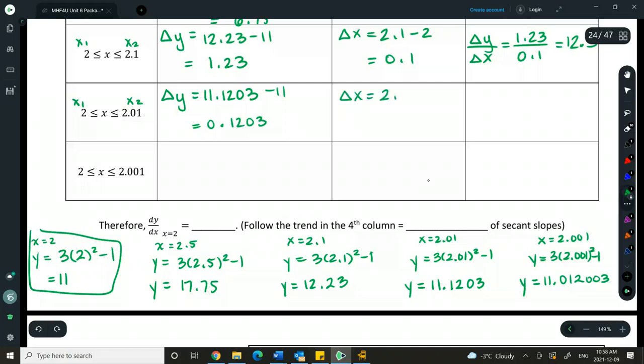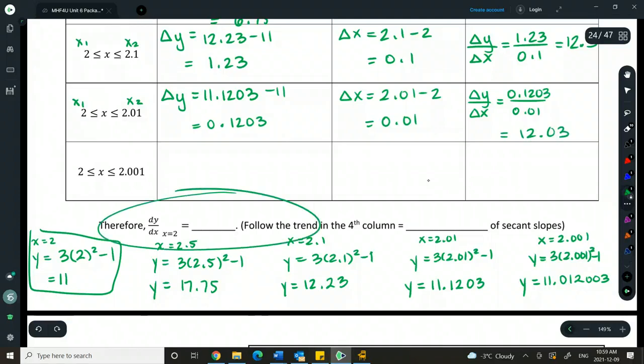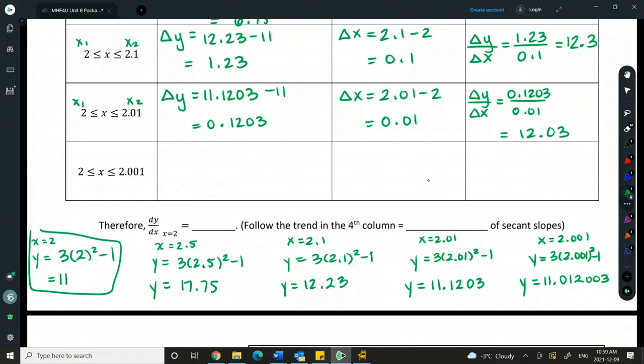And delta x, 2.01 minus 2, 0.01. Okay, keep all your decimals until you make a final decision here on your column trend.